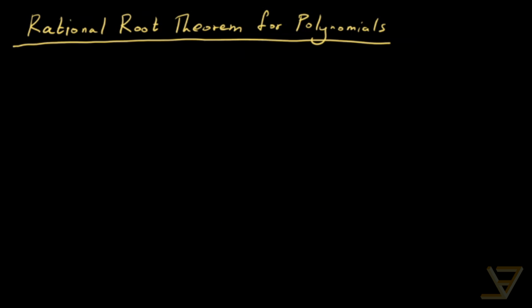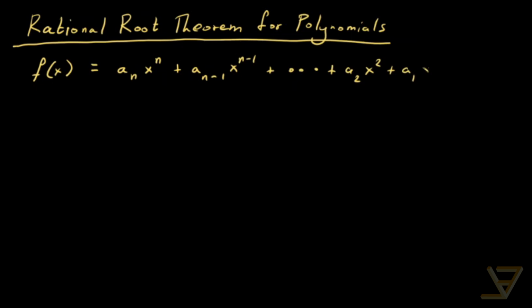Hi everyone, let's talk about the rational root theorem for polynomials. We're going to start off with a polynomial, f of x, which is equal to a_n x to the n plus a_{n-1} x to the n minus 1, all the way through to a_2 x squared plus a_1 x plus a_0.